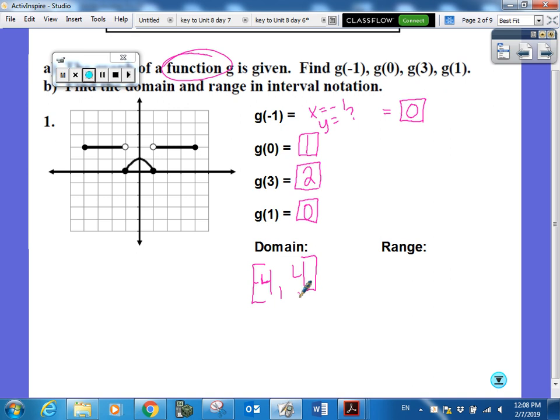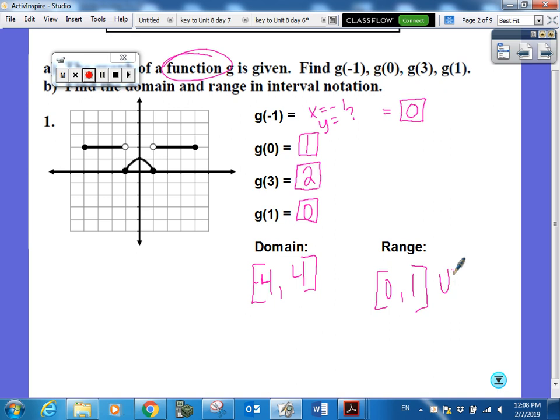Those breaks that happen up and down have nothing to do with left and right. And that break from negative 1 to 1 up high was accounted for down low. Range is up and down. So our low value is 0. And then notice it goes up to 1 and then it stops. And then it jumps up to the number 2.